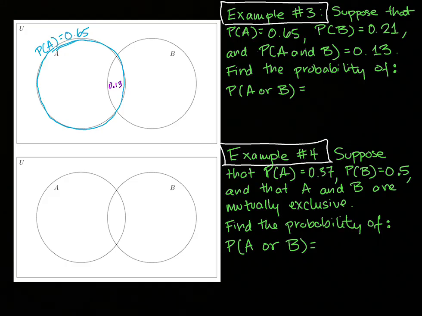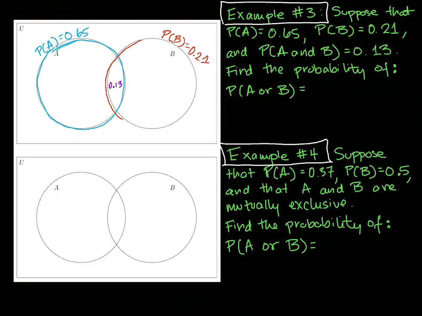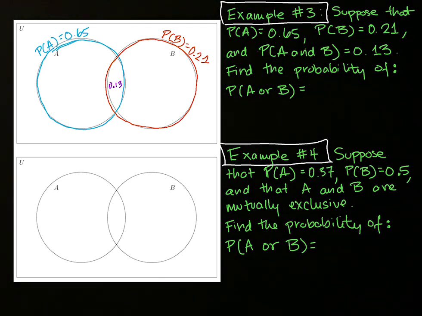And then the probability of B equals 0.21. And remember, that's this whole circle. So they're sharing that 0.13. That's the intersection.